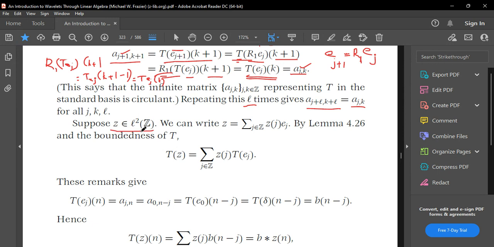Now z belongs to L2 of Z. We can write z as the infinite summation of z of j Ej, for some z of j, by Lemma 4.26.